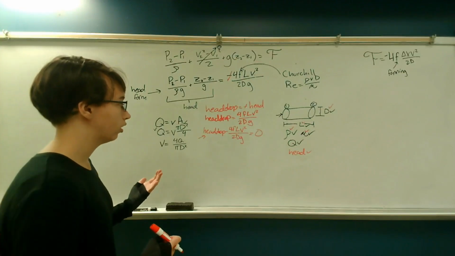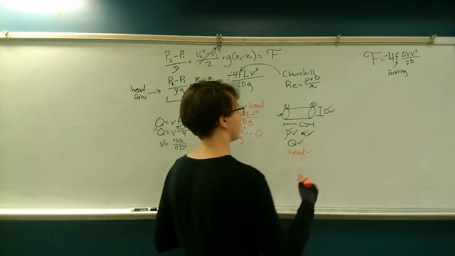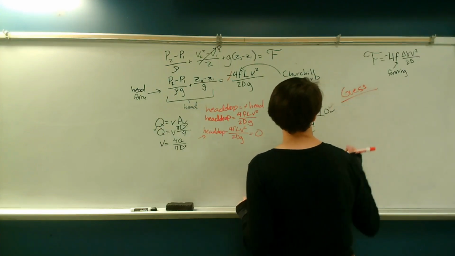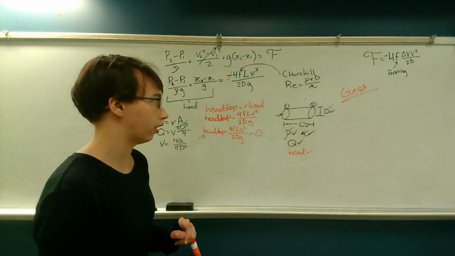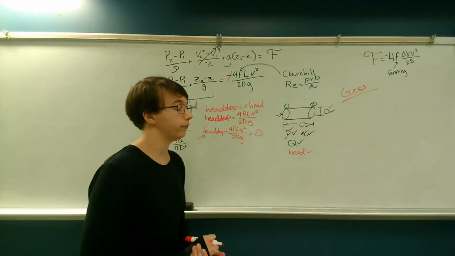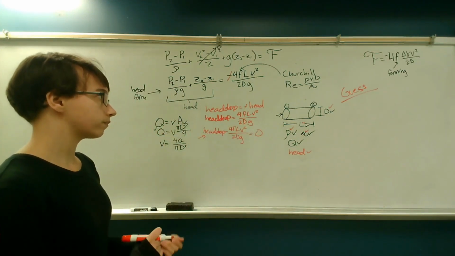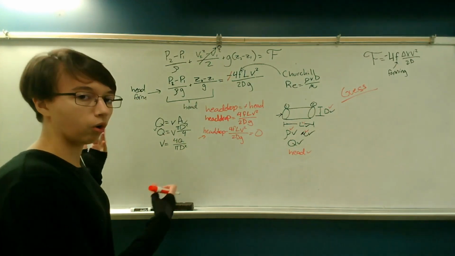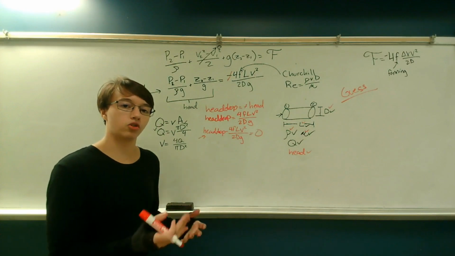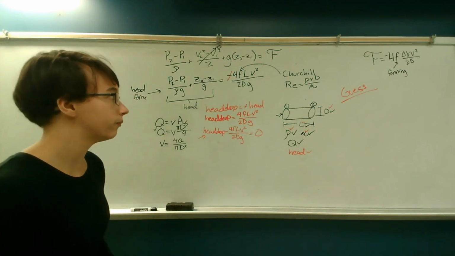So I'm going to put this over here. So we're going to need a guess for our flow rate, which means we essentially need a guess for our velocity. But velocities could be a whole big range of things. Flow rates could be a big range, so it's hard to get an accurate guess.